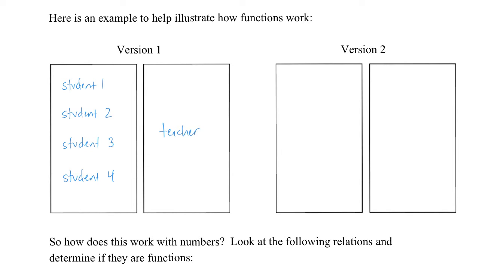So first of all, some quick vocabulary. What I'm drawing here with these boxes is called a mapping diagram. We should probably write that down. This is a mapping diagram, and a mapping diagram has to do with assignments, okay? So in this case, everything on the left-hand side is our domain.